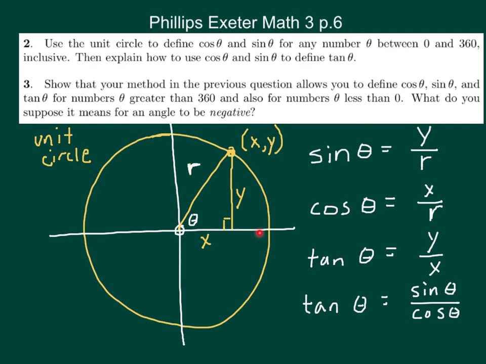If I go negative 330, so negative 330, what does that equal to? Positive 30. Why is it equal to? Because if you're going around 330, you're at the same spot you'd be if you went positive 30.